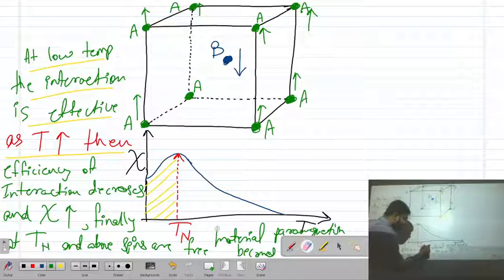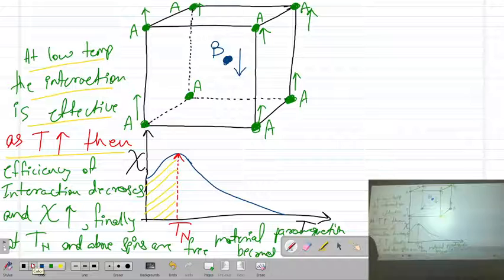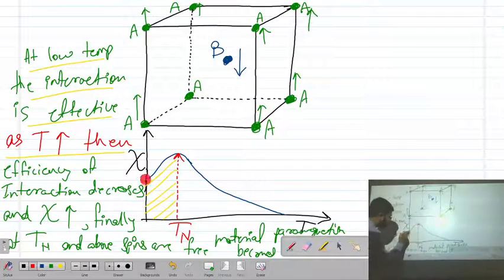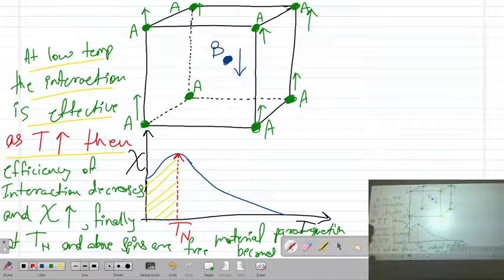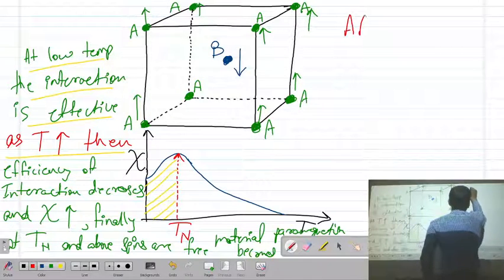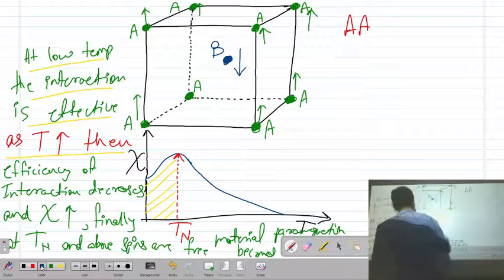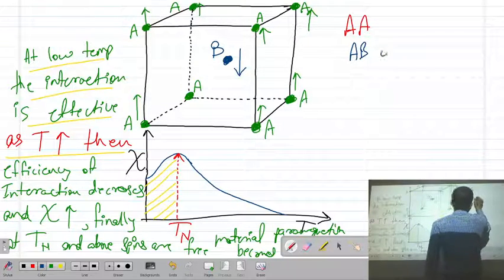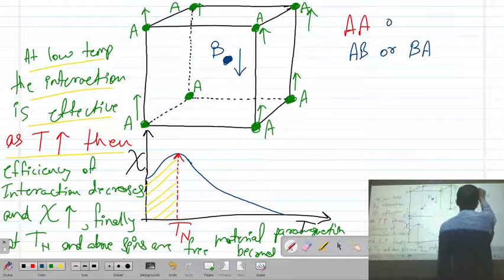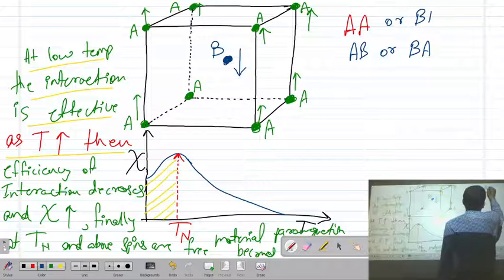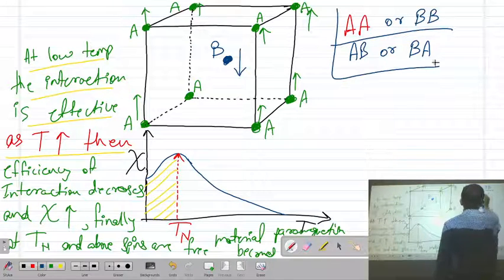Now let us understand what it wants to say. It wants to say that at low temperature the interaction is effective. Remember, over here you will have two types of interactions.